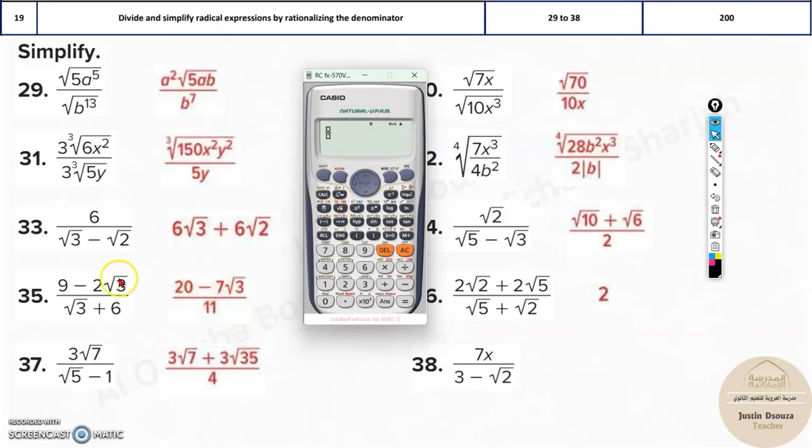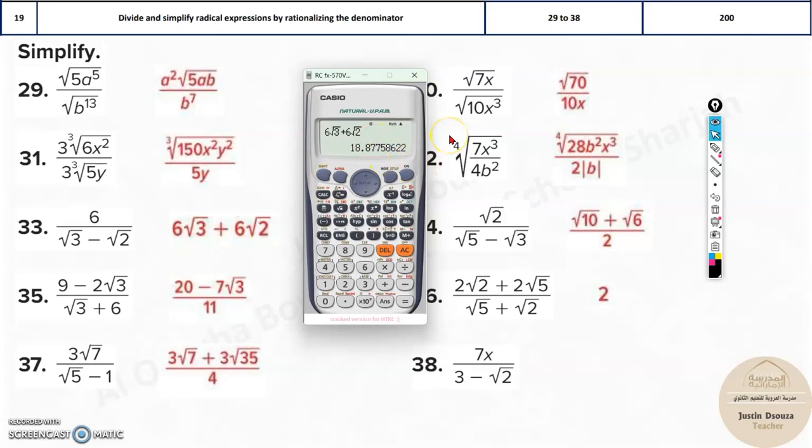So I'll put the other option here, 7 root 3 divided by 11, and press S and D. My answer was 18 point something. No, this is 0.71. This is wrong. So when you try the correct answer, put that option, press equal to and press SD, then you will get it in decimal form.